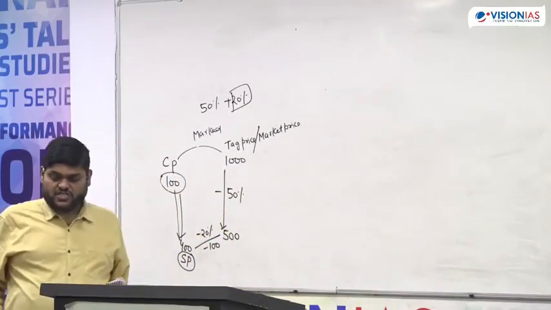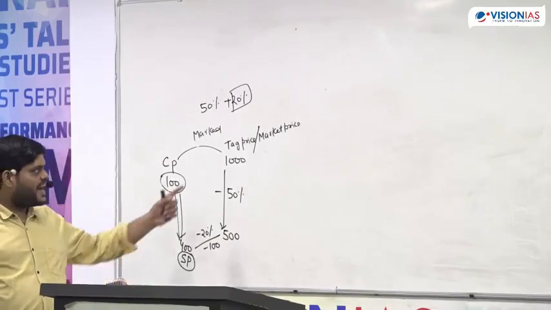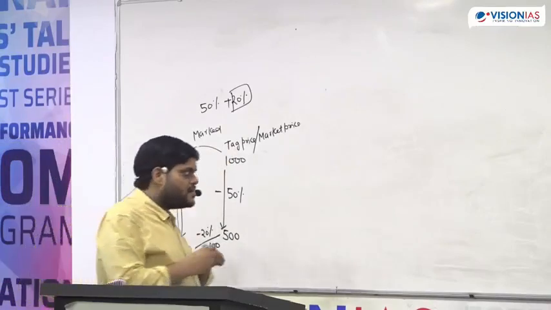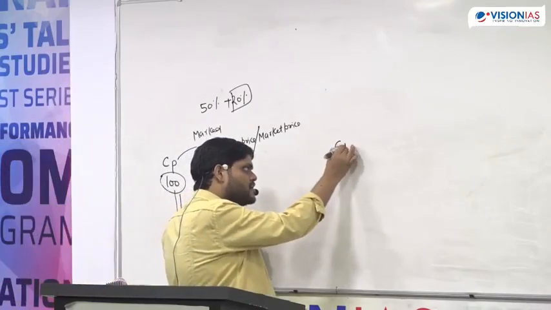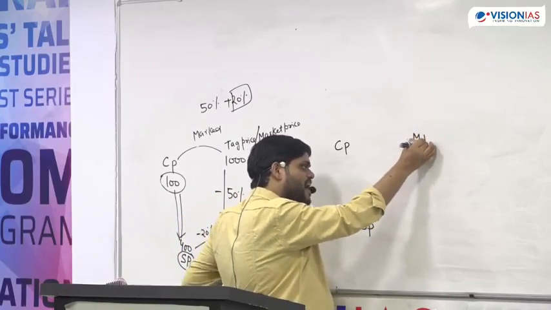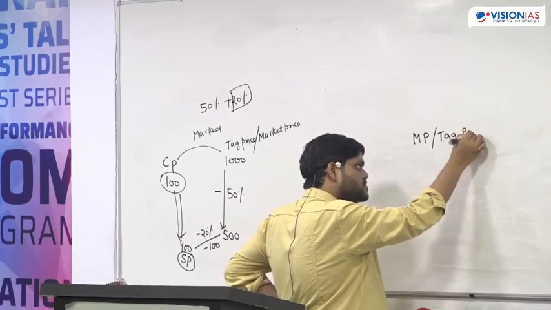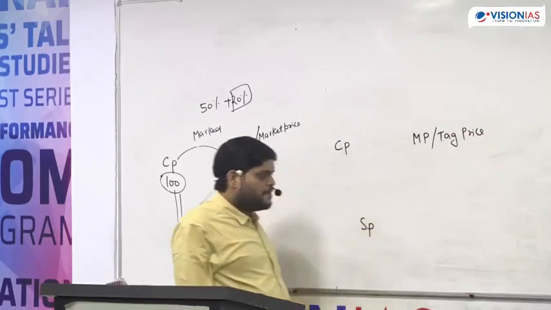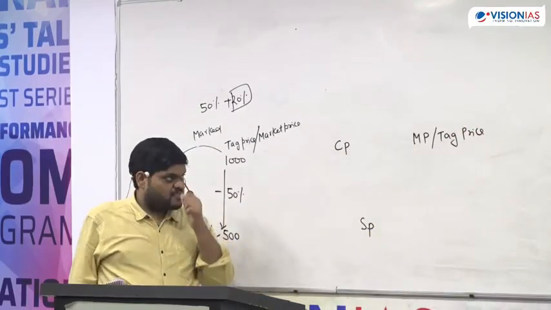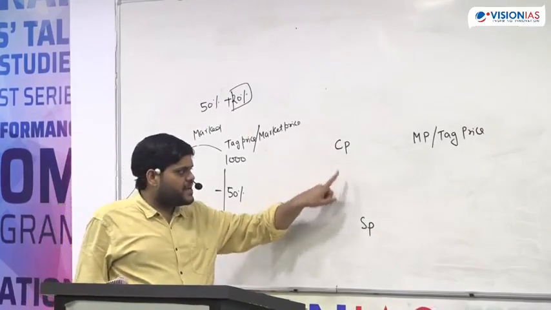So we have to establish a relationship between the CP, SP and market price. CP, this is SP, this is mark price, market price or tag price. Now, what is the relationship between CP and SP?